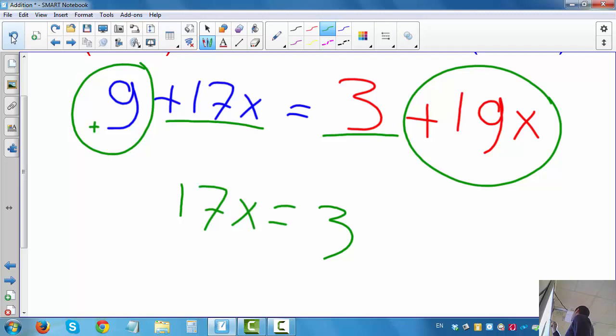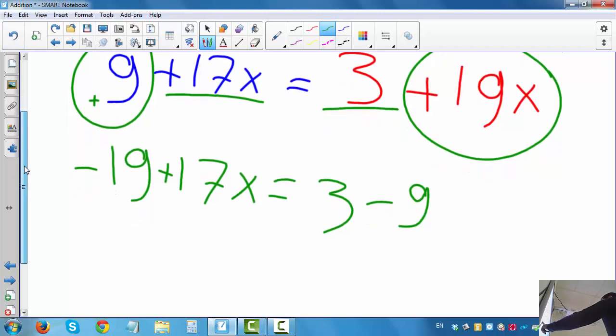Plus 9 will go to the other side, which will make it minus 9. And plus 19x will be minus 19x. And I definitely need a sign between these two numbers. And there is no sign in front of the 17x, which means it's a plus. So now let's reorganize that.